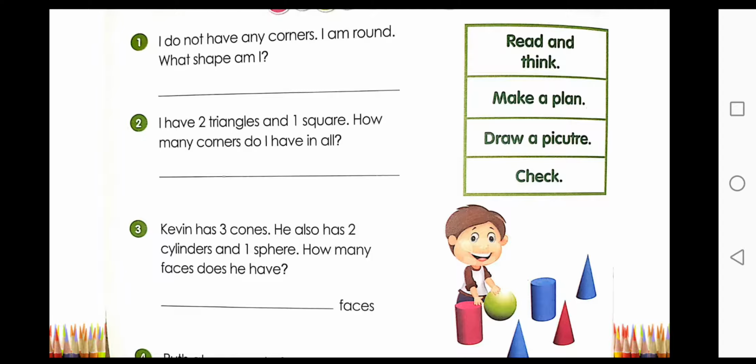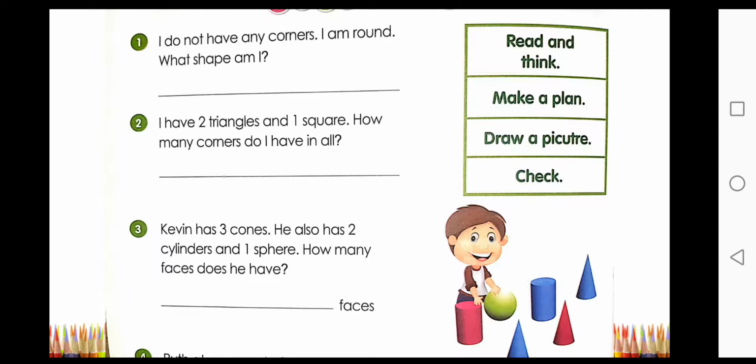One triangle has how many corners? Each triangle has three corners, right? So if I have two triangles, I will have 6 corners.